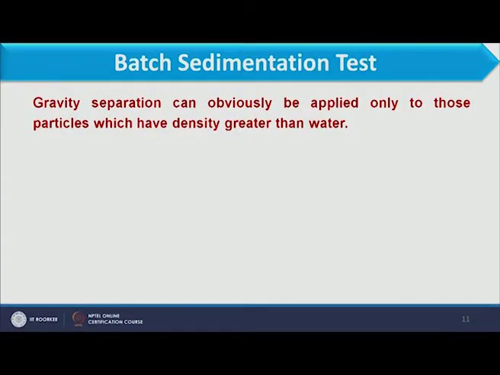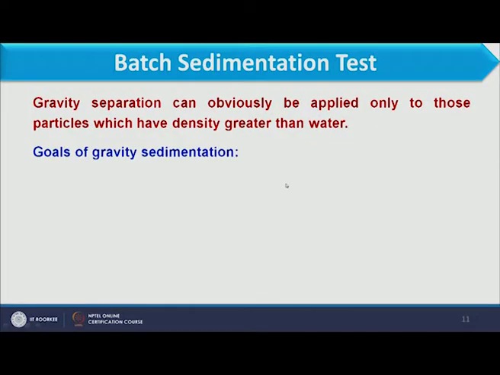Now here we have the batch sedimentation test. Gravity separation can obviously be applied to those particles which have density greater than the water. That is the primary requirement, that we can have the settlement of the solid when it has density more than the water, otherwise it will remain suspended.